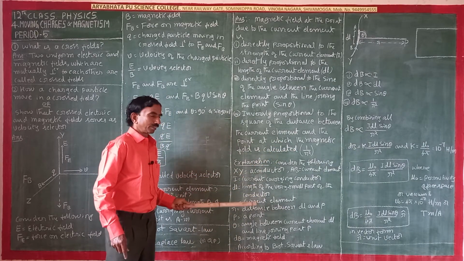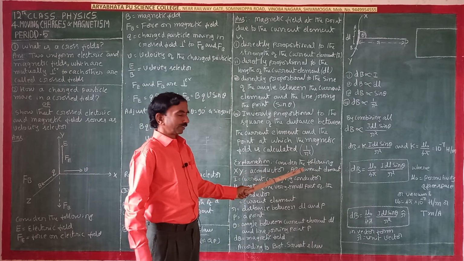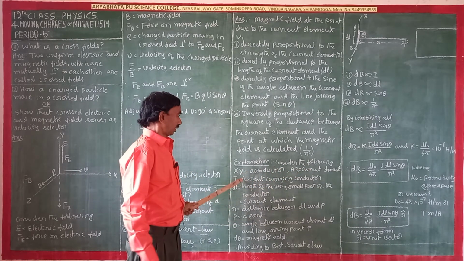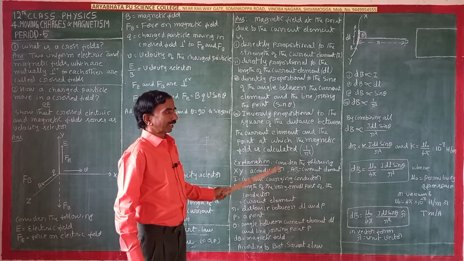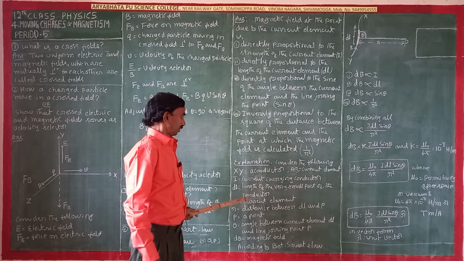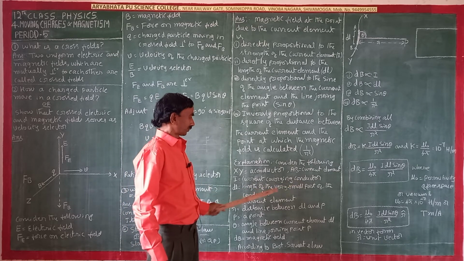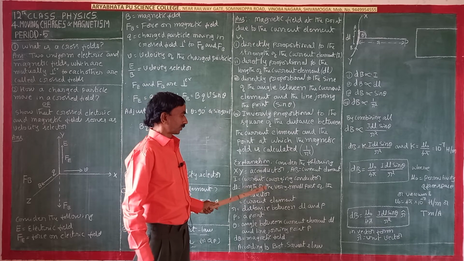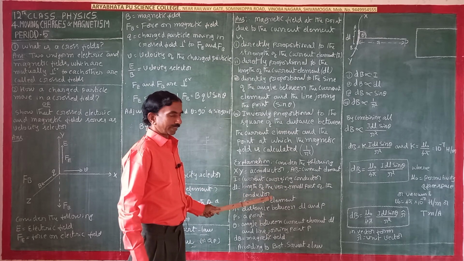So, explanation. XY is equal to the conductor, AB is equal to the current element, I is equal to the current in the conductor, dl is equal to the length of a very small part of the conductor, which is the current element.